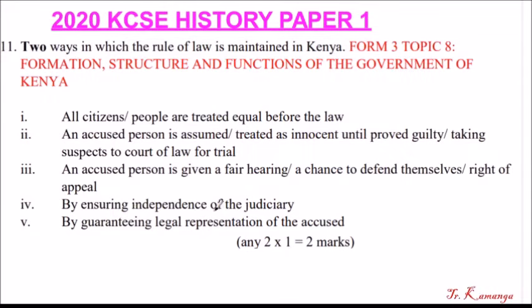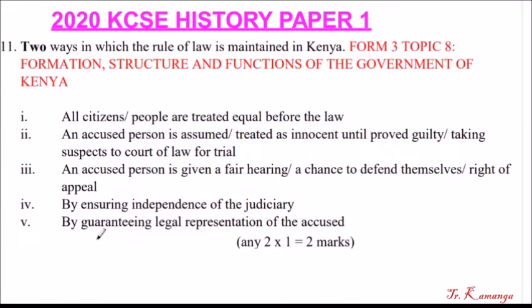Number 4, by ensuring independence of judiciary. Independence means the judiciary should not be directed what to do. For example, if one is accused, the executive should not direct the judiciary in determining their case.